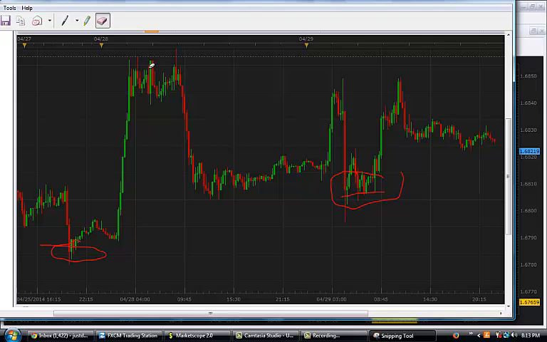Because people that sell here, once the market starts going down a little bit, it's common for traders to put their stop loss order right at their entry price. They're like, oh, the market's down now, I'm risk free, because that's all they care about. They're so scared to lose their money, right?